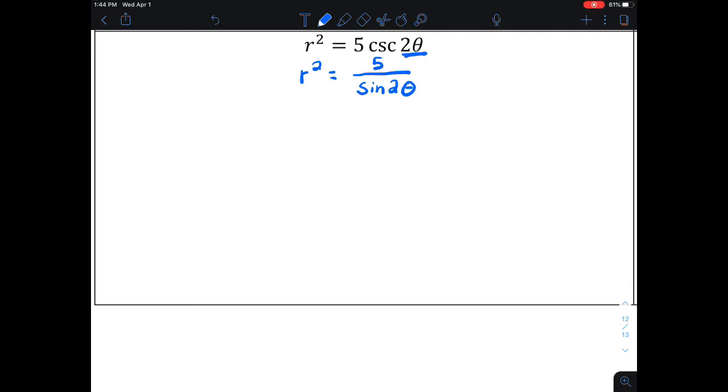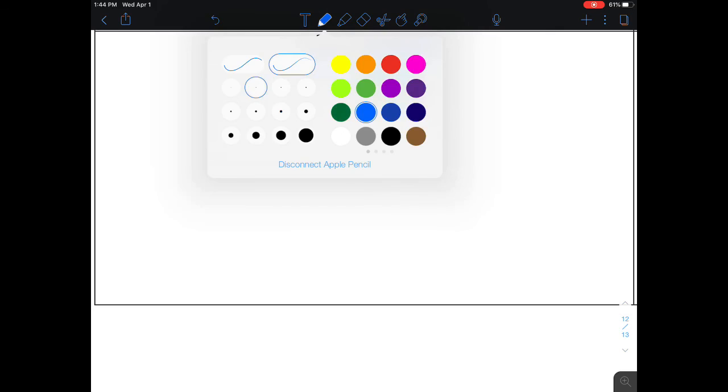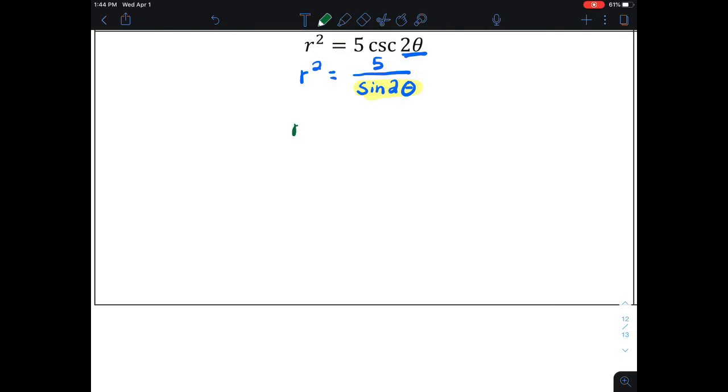And our double angle formula for sine of 2 theta would be what I would use next. So my next line would be r squared equals 5 divided by, sine of a double angle is 2 times sine of that angle times cosine of that angle.